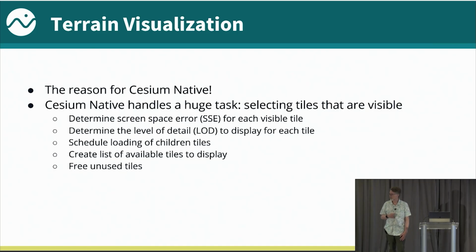Every tile that's visible, figuring out the current screen space error in a view. From that, figuring out which tile to render. If the best tiles aren't available, then schedule loading that. Tell your application what tiles to render, and then finally get rid of tiles that are now unused, because you can't just keep the whole world loaded in your application.